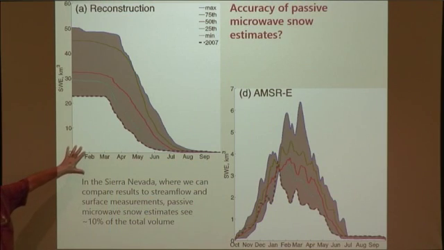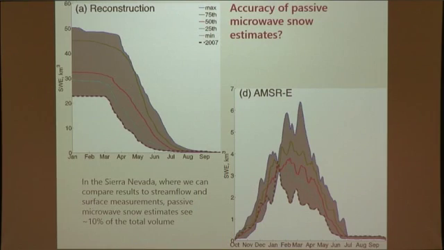Now the problem is if you compare this with a method called reconstruction that we've worked a lot on, you can see that it's an order of magnitude less if you look at the numbers on the y-axis.